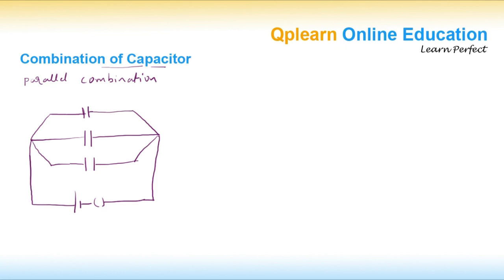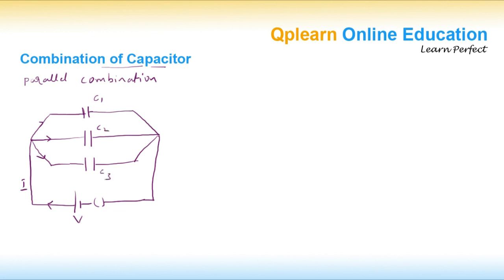Here is the voltage source, and the current I flows in each branch. This is capacitor 1, this is capacitor 2 and this is capacitor 3.